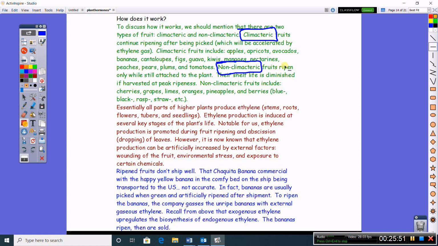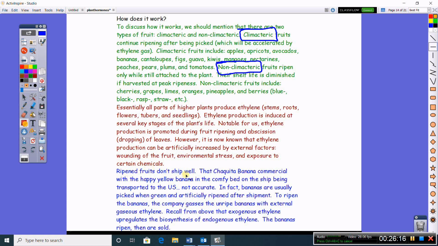Non-climacteric fruits only will ripen while still attached to the plant. So those are things like cherries, grapes, limes, oranges, pineapples, and berries. Your strawberries, your blueberries, your blackberries, your raspberries. If it's non-climacteric, what that means is that once you pick it, it's not going to ripen anymore.